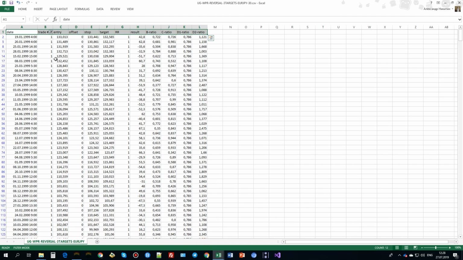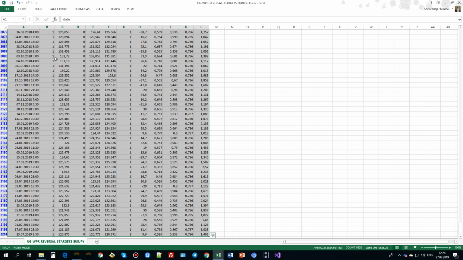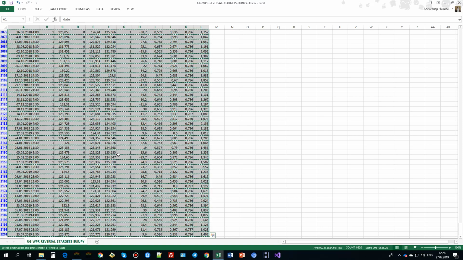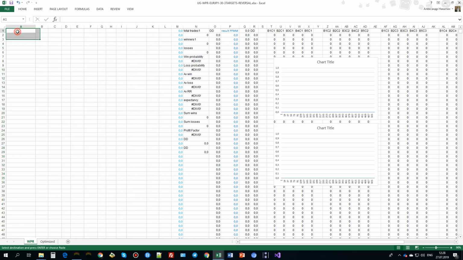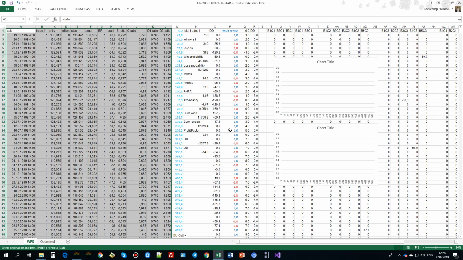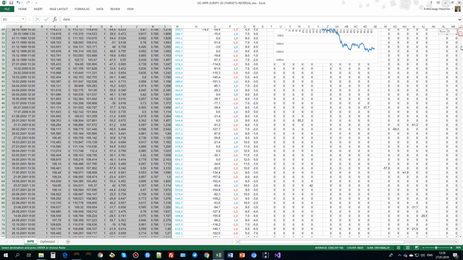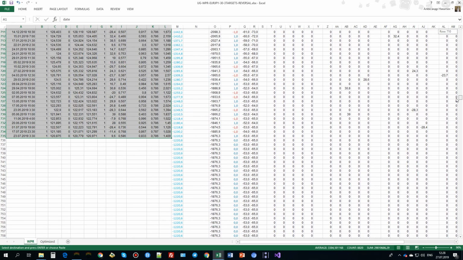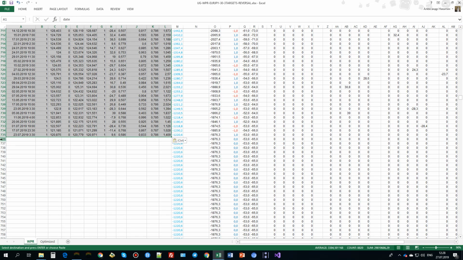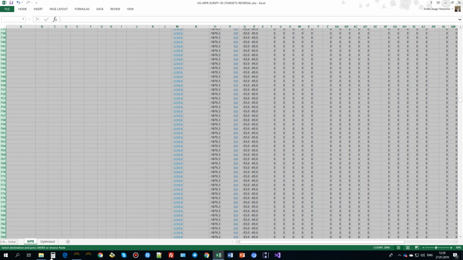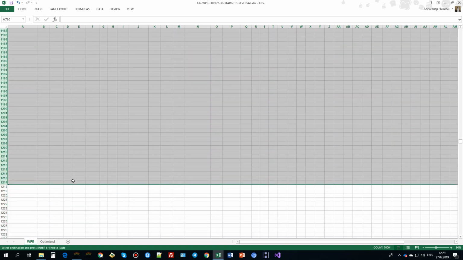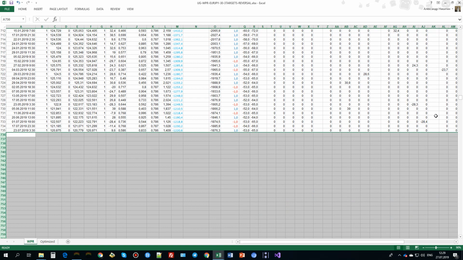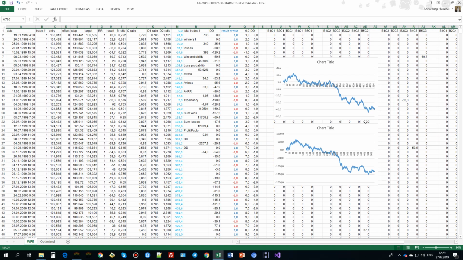I will choose the target 1 results, paste values, then go lower and delete the lines that are not necessary. Okay, delete them, and then I will look at the results.